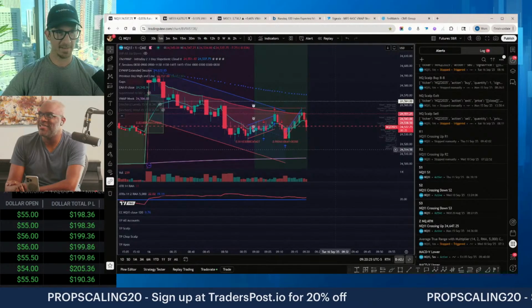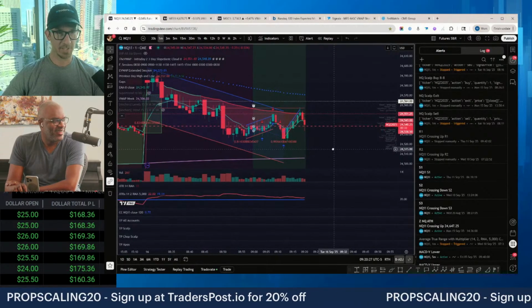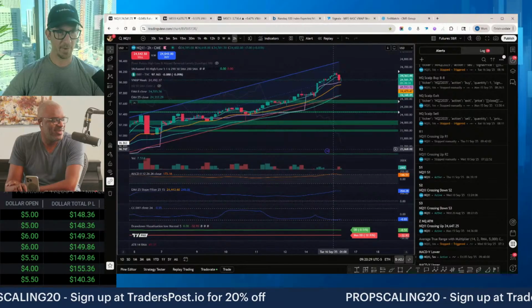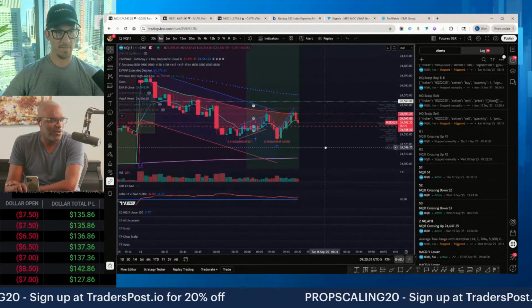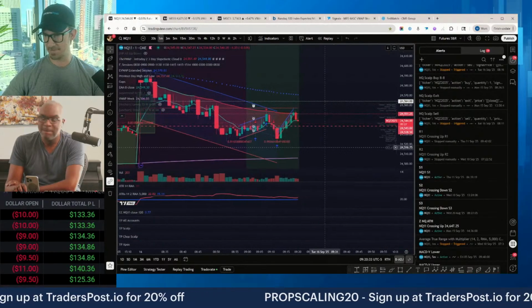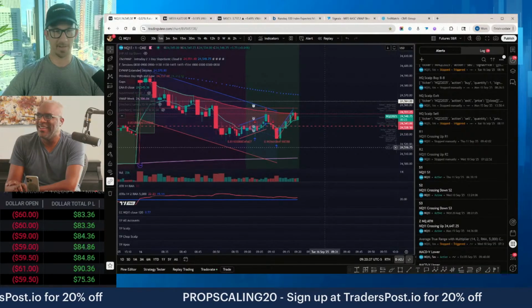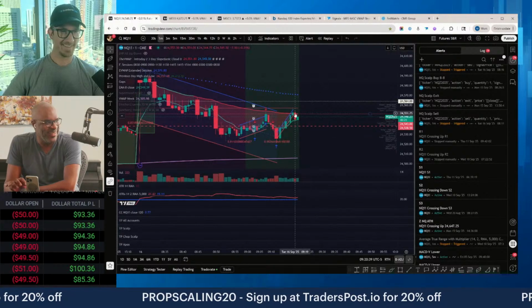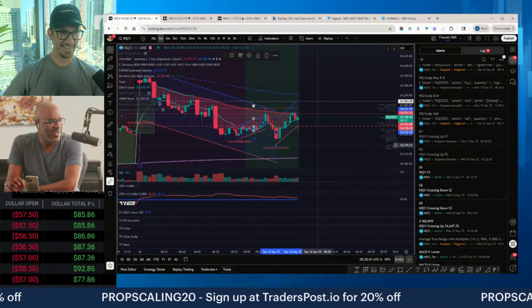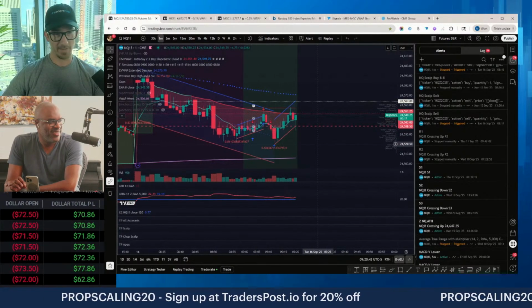Okay. Well, that's the rejection candle I was hoping for right off of VWAP. I still think we're going to 571. Yeah, well, you can say it, but I don't think that makes it right. I mean, it still has potential.